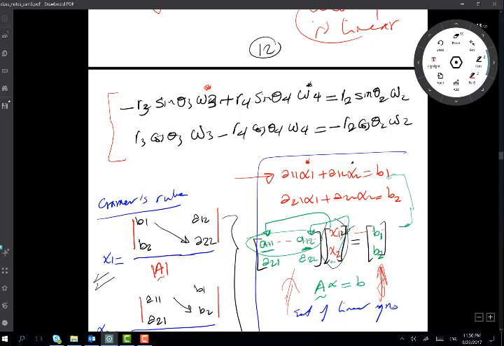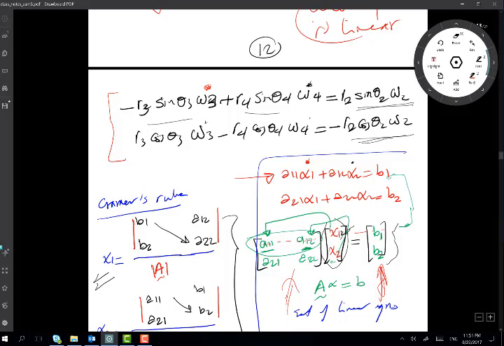Then my coefficients will go inside a matrix of coefficients, and on the right hand side, instead of B, I will have the known values for theta 2 and omega 2.